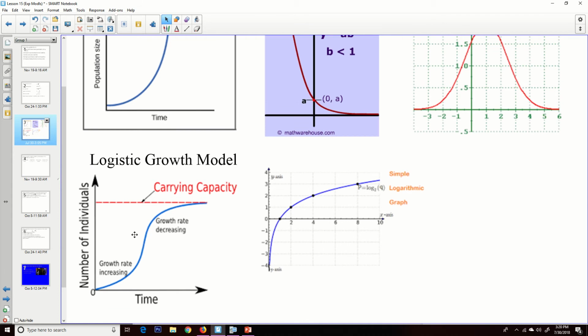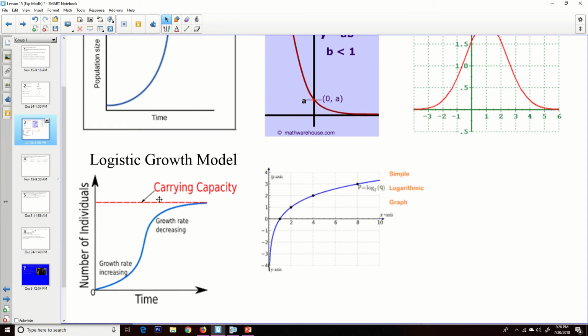The logistic growth model is usually applied when you have some sort of limiting value. A lot of times it has to do with population, and in this particular instance, they label it as number of individuals. So as time goes up, the population starts to grow, and it grows a little bit steeper, and then eventually it levels off, and there is some sort of top carrying capacity.